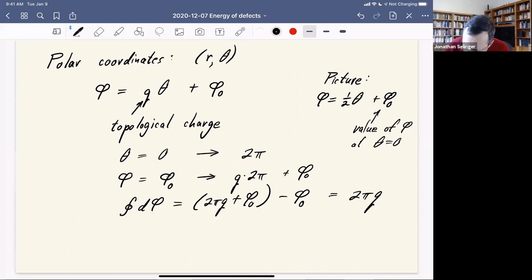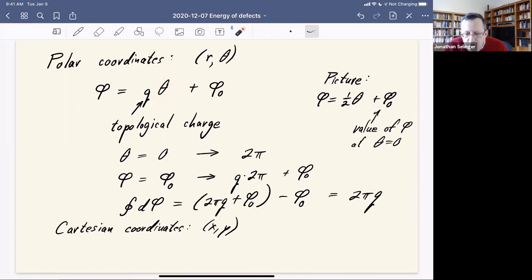By comparison, in Cartesian coordinates, that is xy coordinates, well, we know what the angle theta is if you convert between polar and Cartesian coordinates, right?